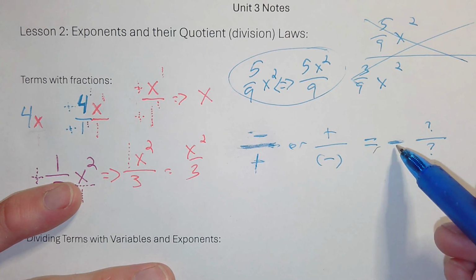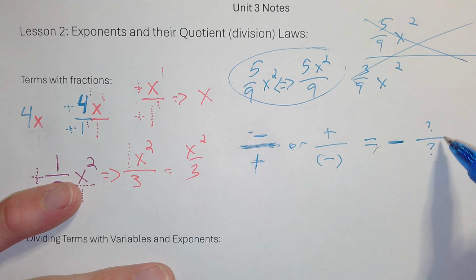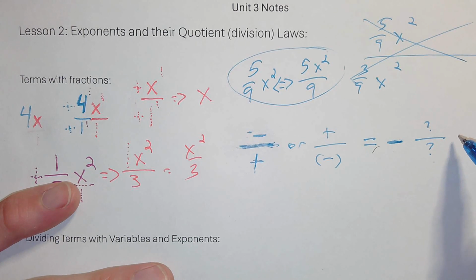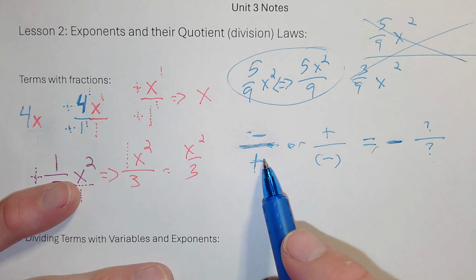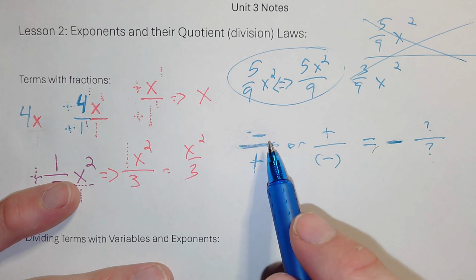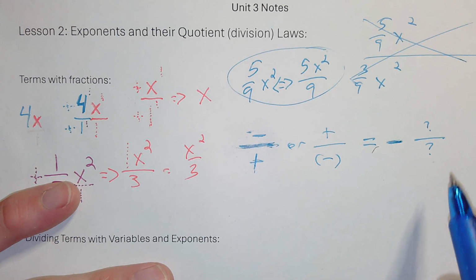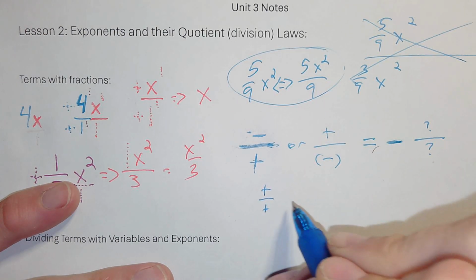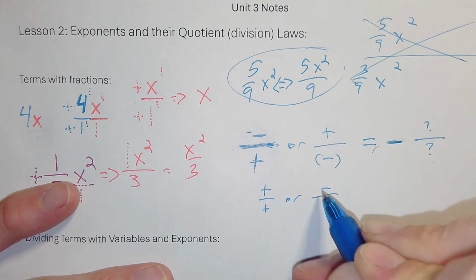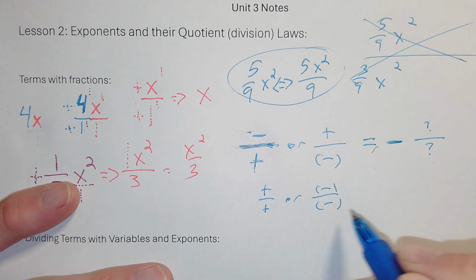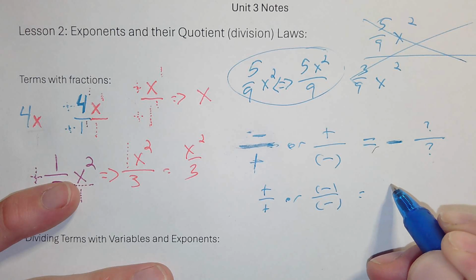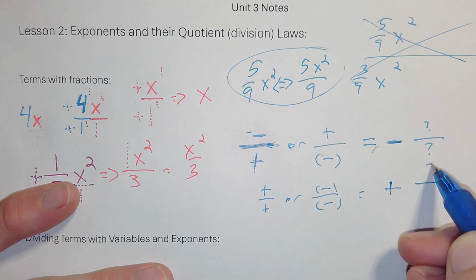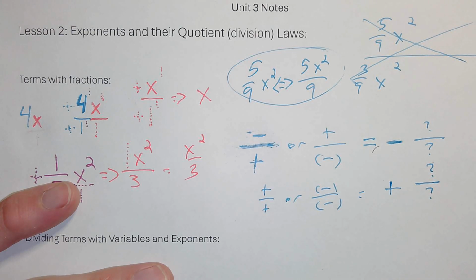But don't let it get you mixed up inside of your fraction, because if only one of the numerator or the denominator is negative, the whole thing is negative. Conversely, if both of them are positive or both are negative, because a negative divided by a negative is positive, the whole fraction will be a positive.